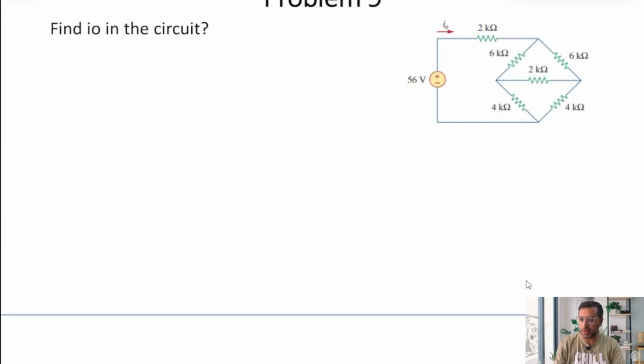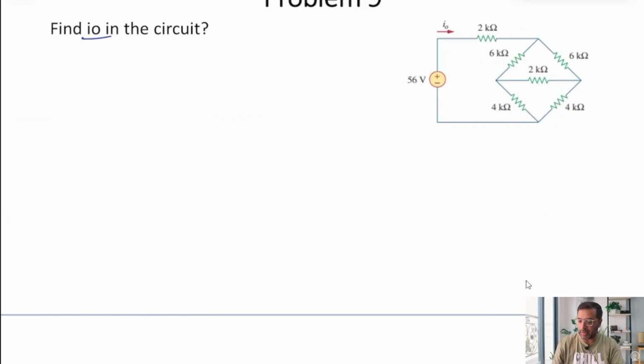Alright, so we will be solving this particular numerical where we have to find the current I naught. If we see the circuit, we cannot decide series and parallel the way the resistors are being connected over here. So in this case, we first need to identify whether we have some kind of star or delta network.